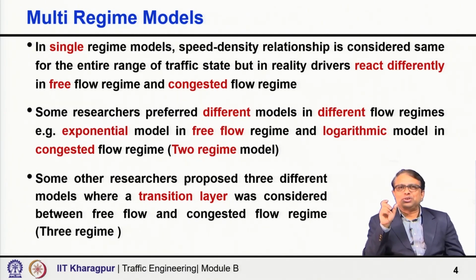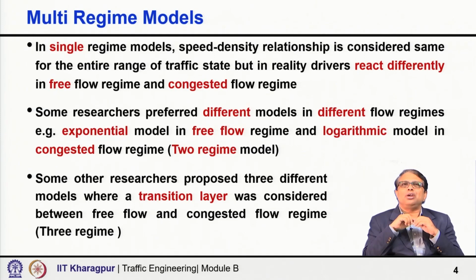Now, when you are using two different models of speed density relationship for different regimes, then it is no more a single equation. So, it is called multi-regime models.